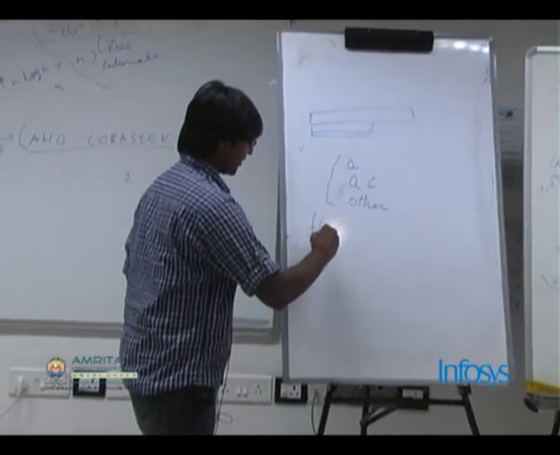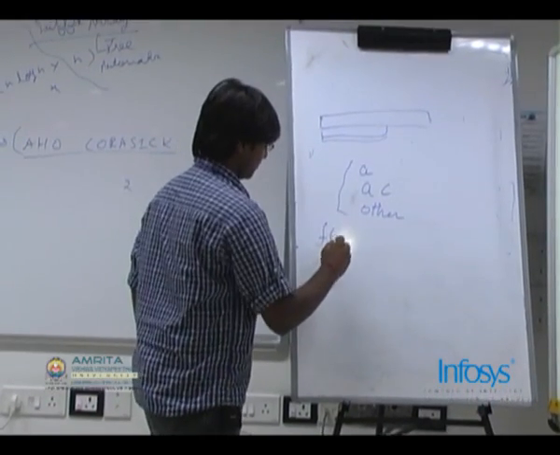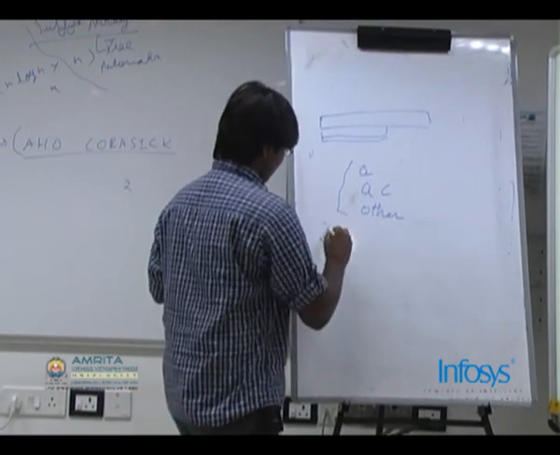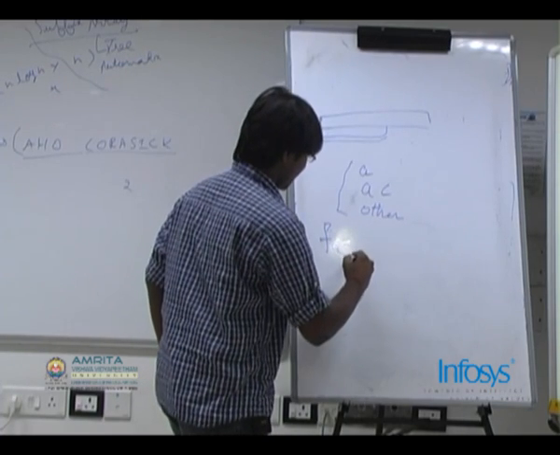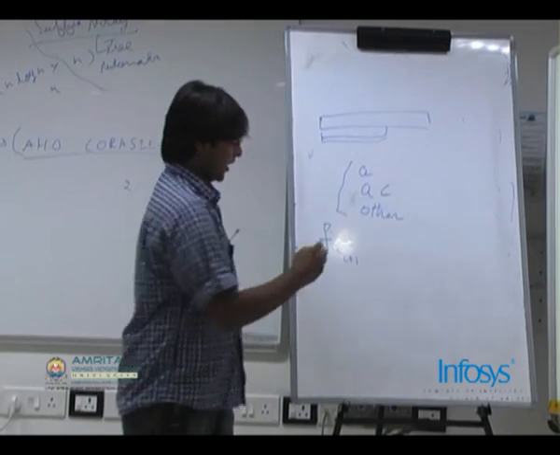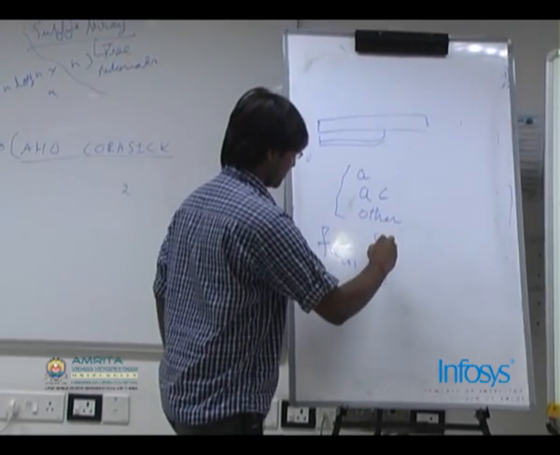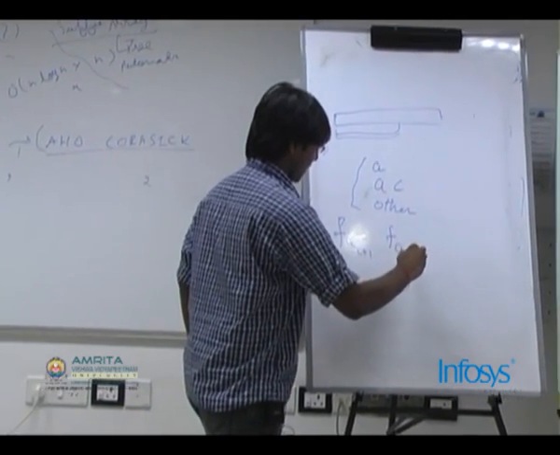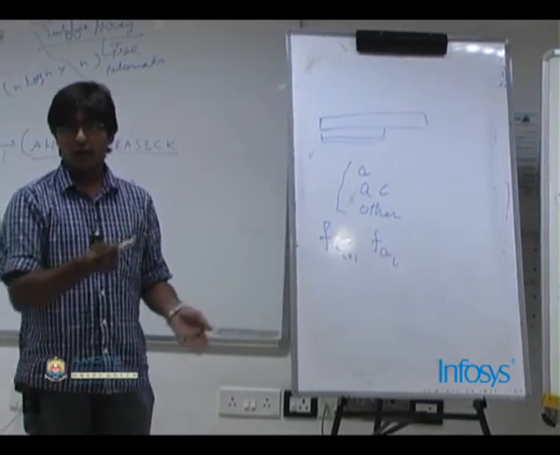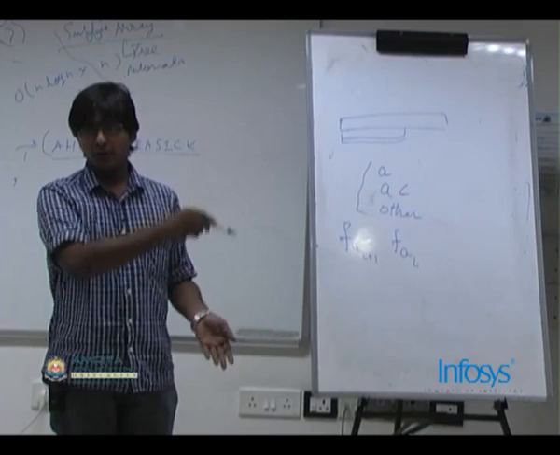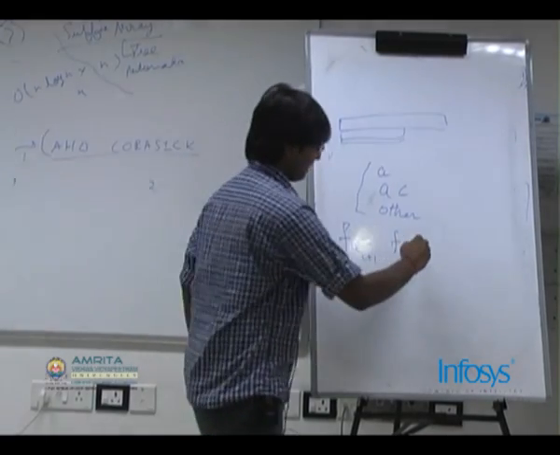So we can write a recurrence for this. What will be f of A at i plus 1? It would be nothing but f of A at i, because if the previous character was A and I choose the next character as A, then my ending will be A only.